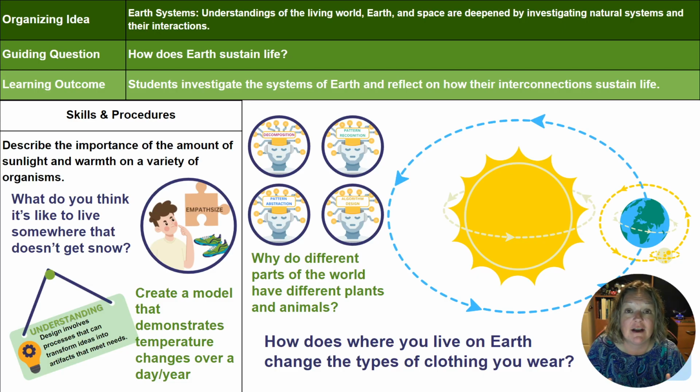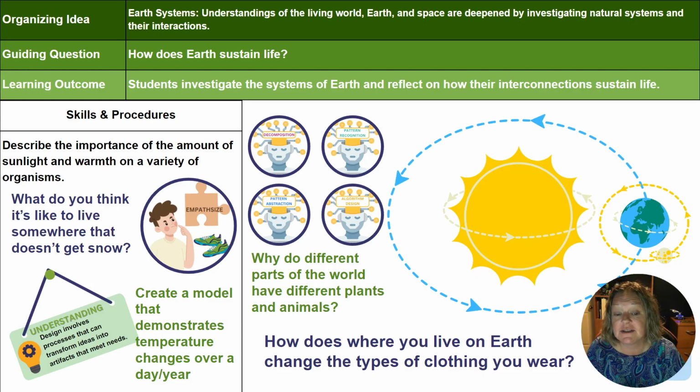And that in itself is an abstraction. So just using that language with the students, saying you're going to create an abstraction, a model that demonstrates temperature changes over a day or a year, is giving them that computer science knowledge as well.